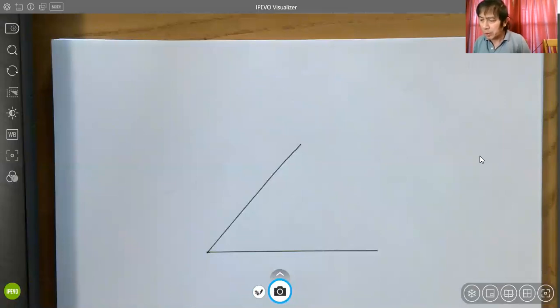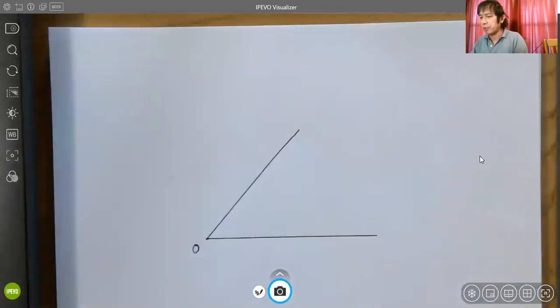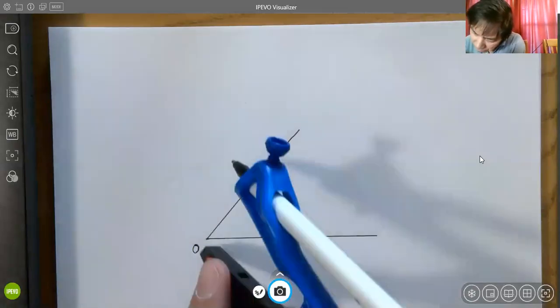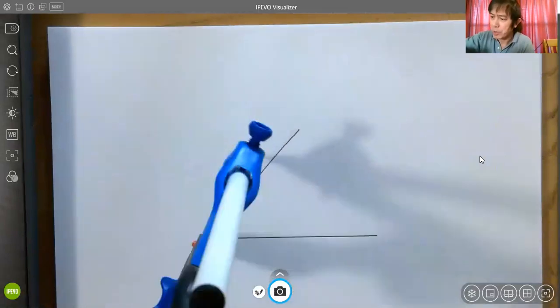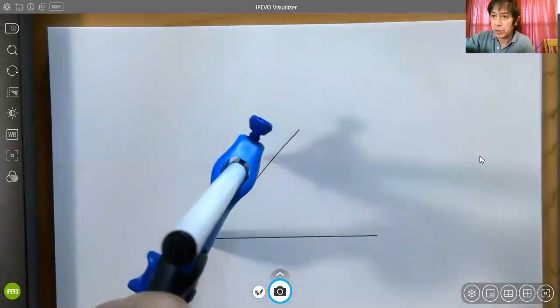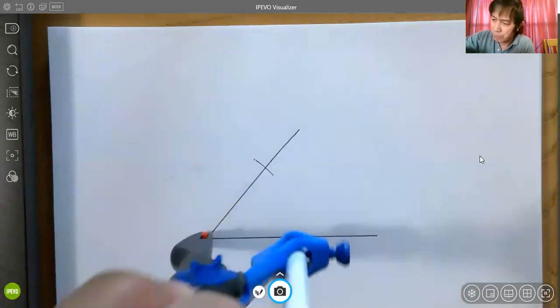Your angle is right here. Let's call the vertex O there. Adjust your compass such that it will use the center point at the vertex O, and then draw 2 arcs on each side of the angle. So 1 over here and 1 over there.